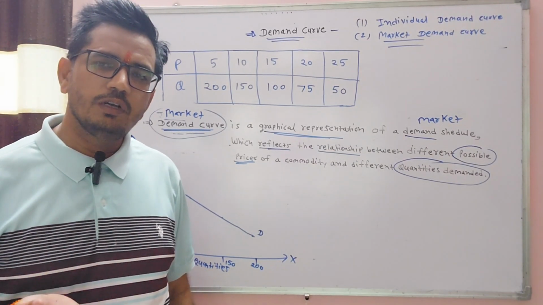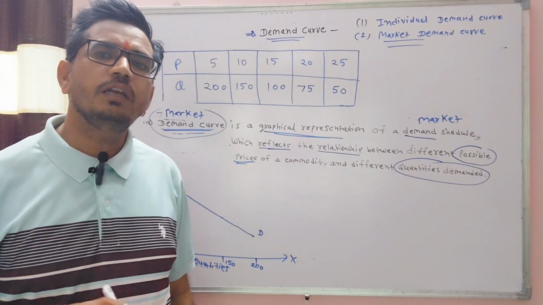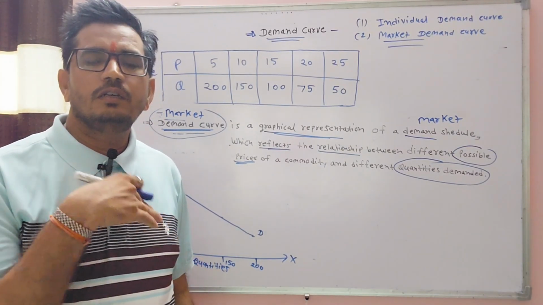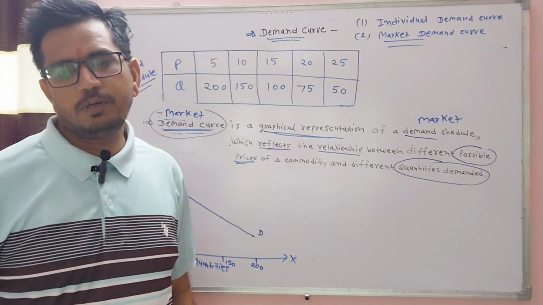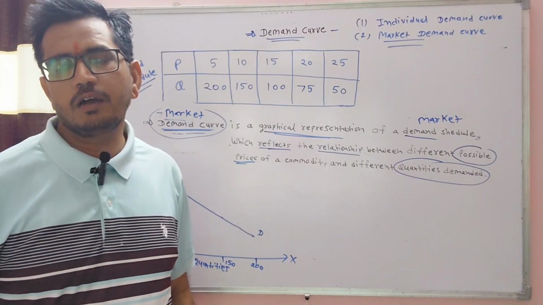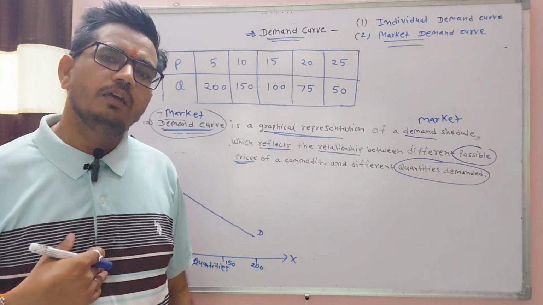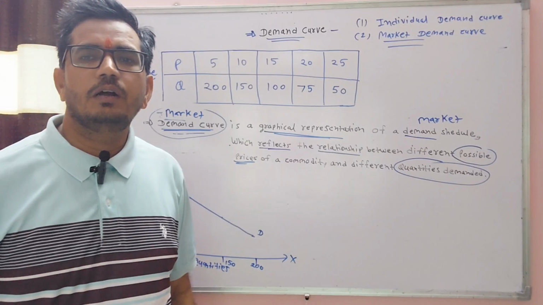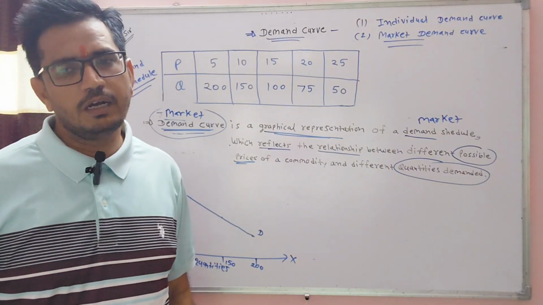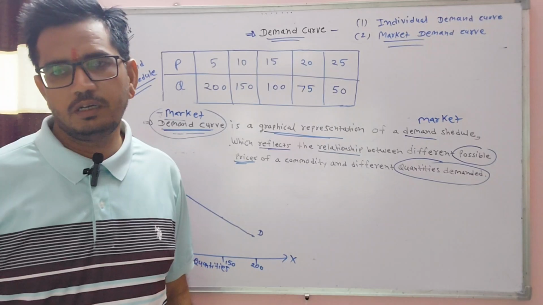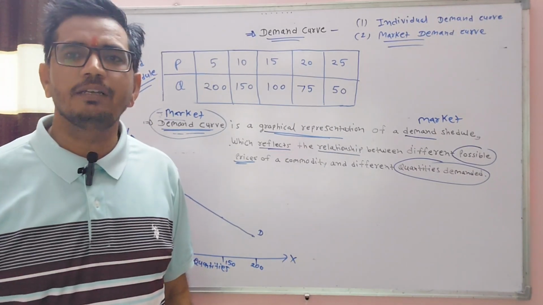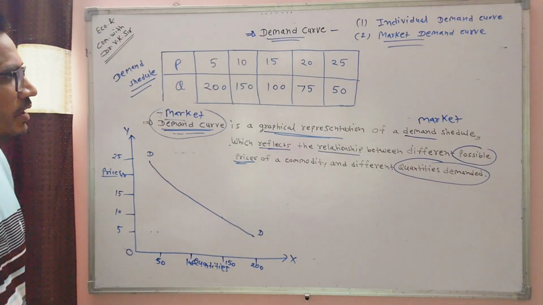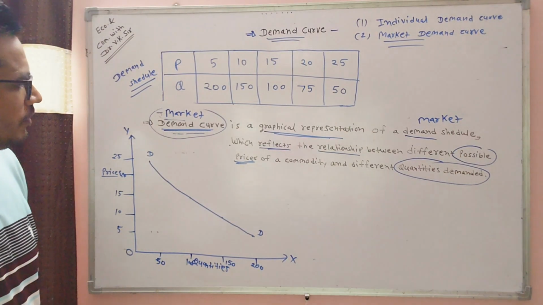So if we present an individual's demand on a graph, that is the individual demand curve. And if we represent all consumers' demand on a graph, that's called the market demand curve, nothing else. So it is very simple, about the individual demand curve and market demand curve.